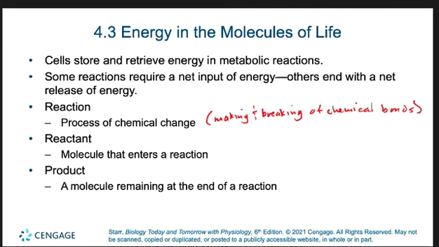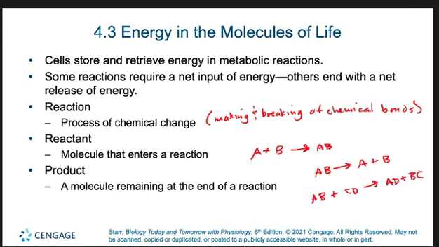So example, right? A plus B can combine to make AB, right? Or a reverse reaction, right? AB could come apart to make A plus B. Okay. Well, sometimes we can have AB plus CD producing AD and BC.